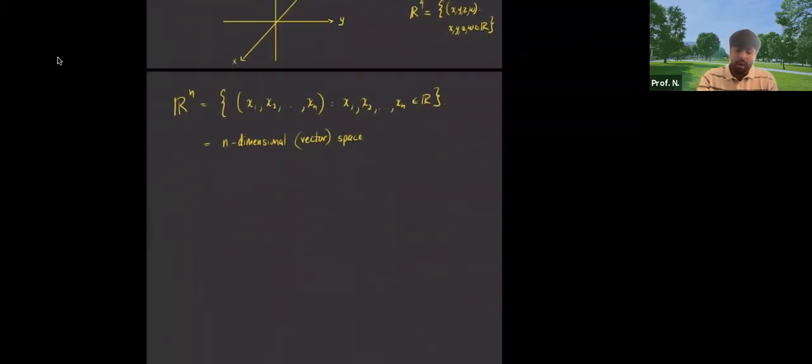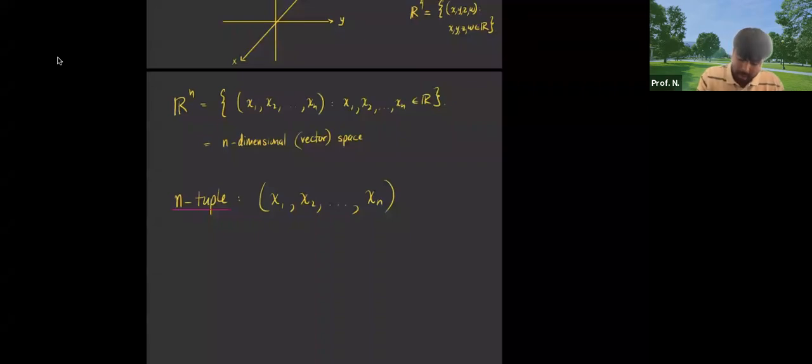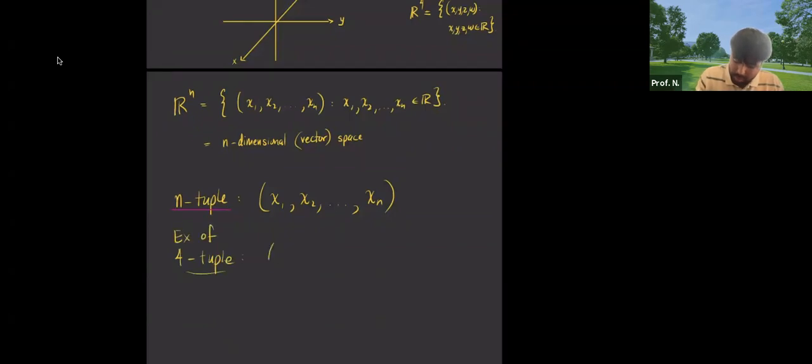And what we call this guy, we call this an n-tuple. So an n-tuple is this x1, x2, xn. That's an n-tuple. You replace the n with 4, for example, a 4-tuple. An example of a 4-tuple would be what? 1, 2, 3, 4.